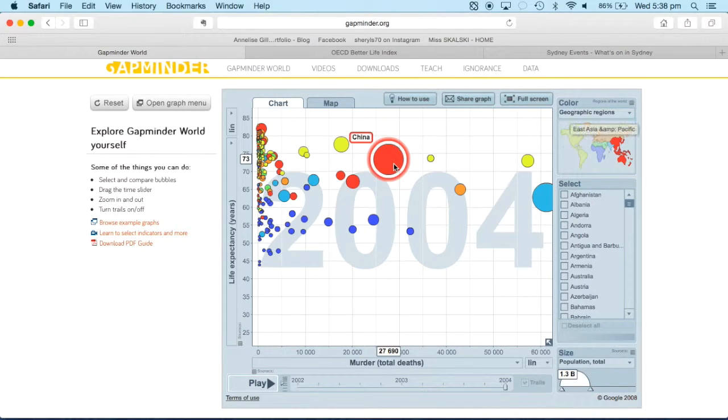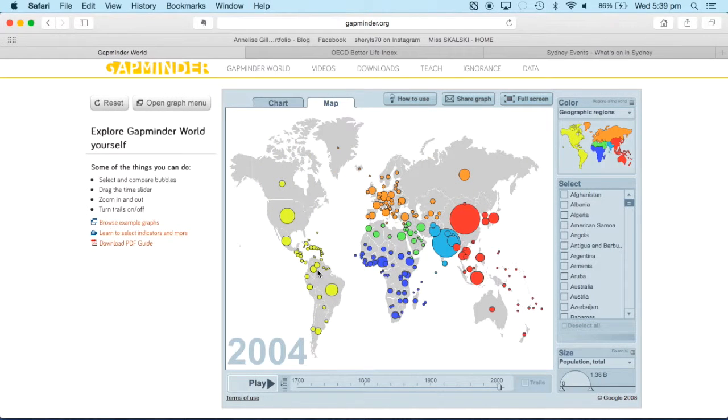But people who are quite happy to be murdered can go to these countries here with the larger dots on them. It also means if you're looking at people who aren't concerned about their safety, then they can live in those areas with larger dots, because they're not worried about that, or they could possibly protect themselves against it as well.